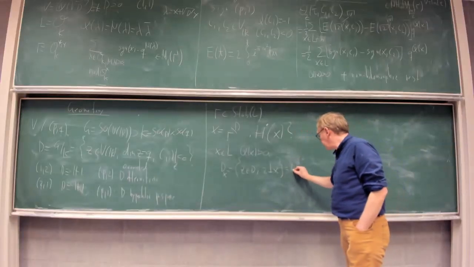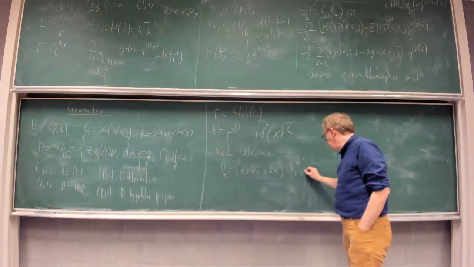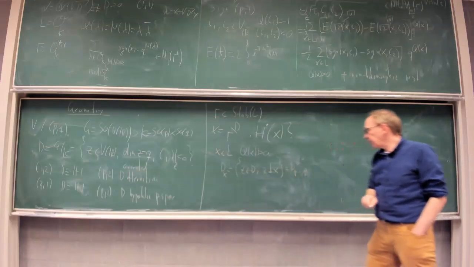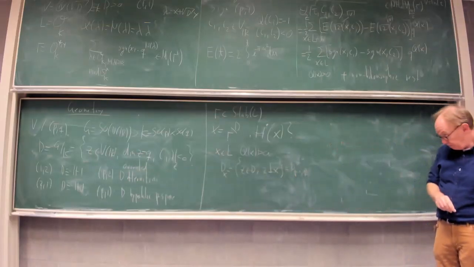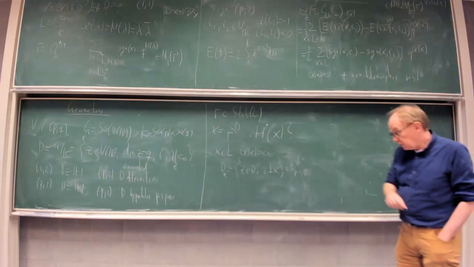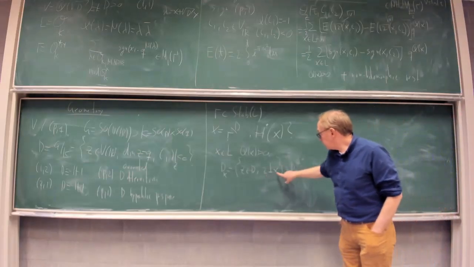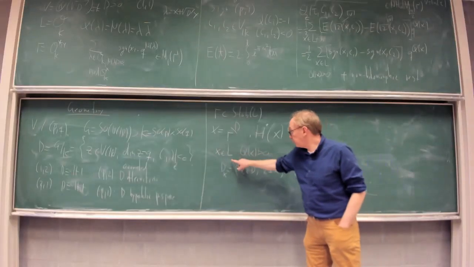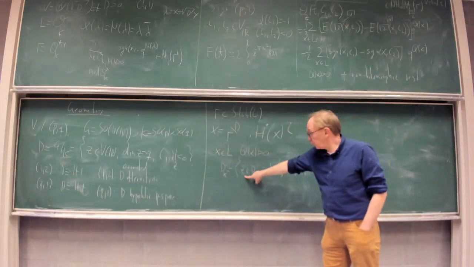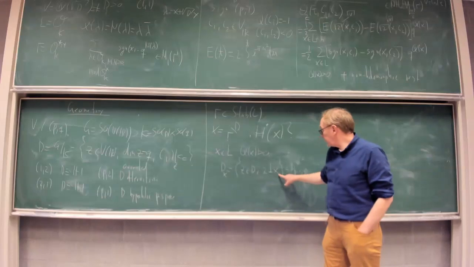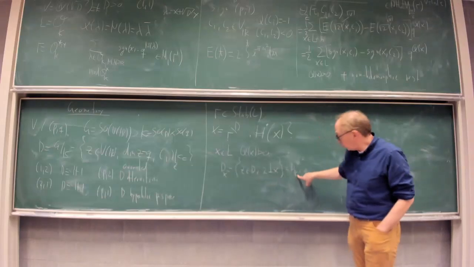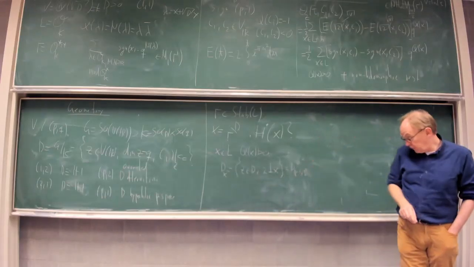That's a sub-symmetric space of signature (p-1, q). You cut out one positive direction and you're there.